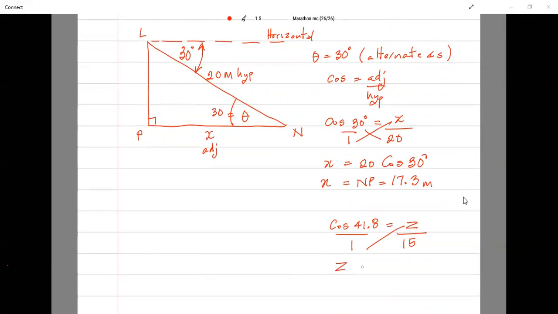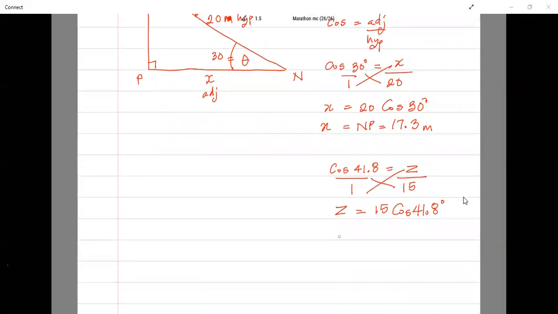So Z is equal to 15 cosine 41.8 degrees. Z is equal to 11.2 meters.